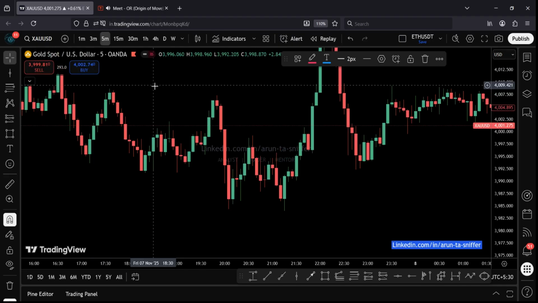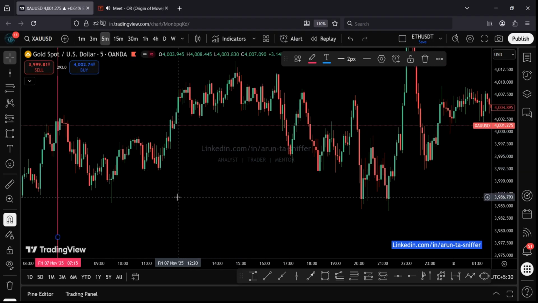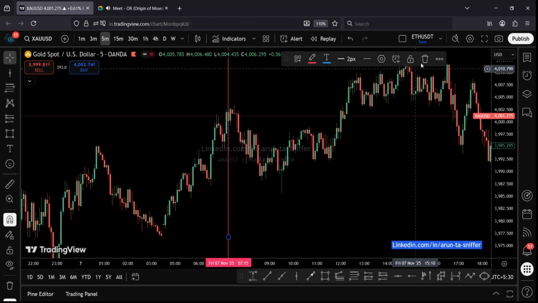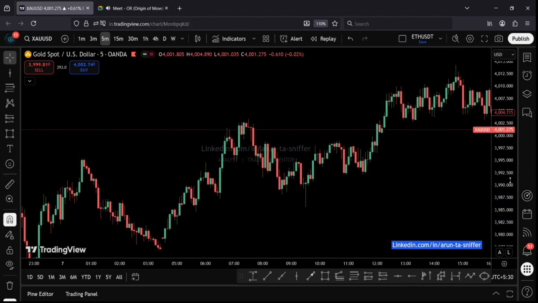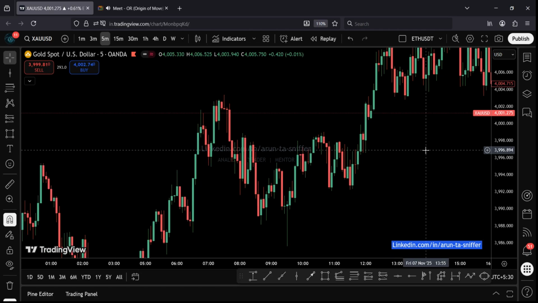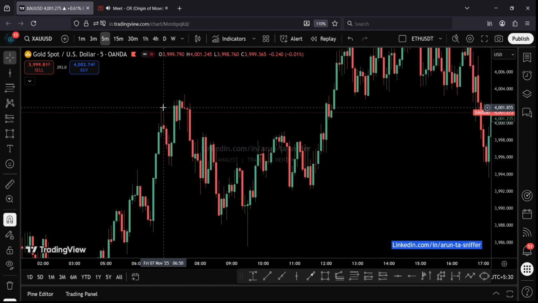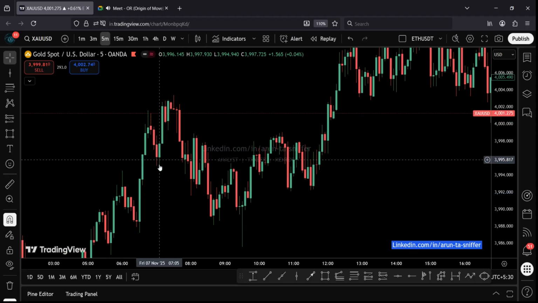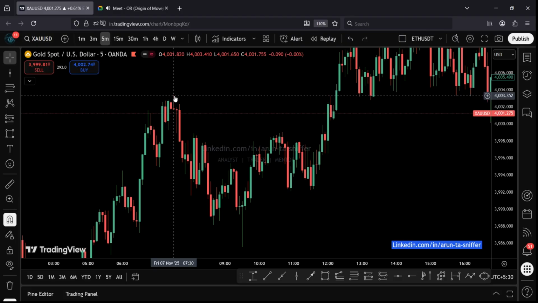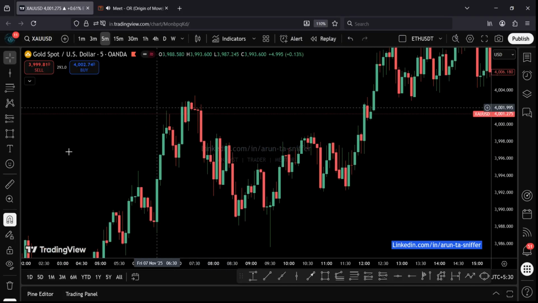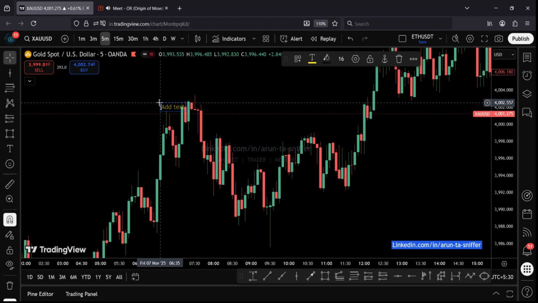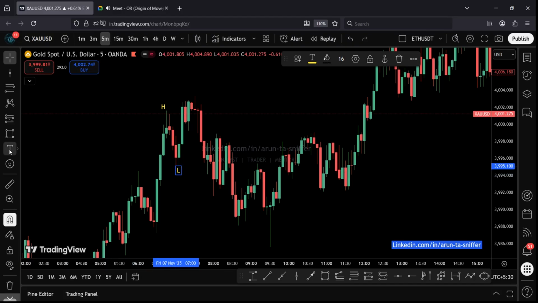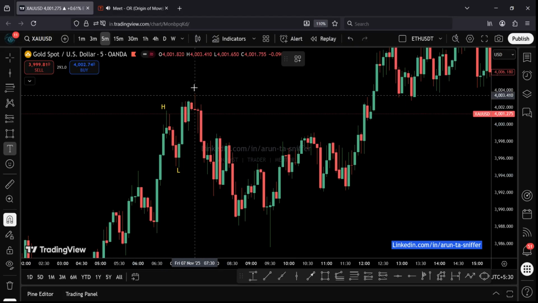So let's go to the 5 minutes chart and look at this here. So what happened here: price goes up, makes a low, goes up, makes a higher high, this makes a high, this makes a low, this makes a higher high.